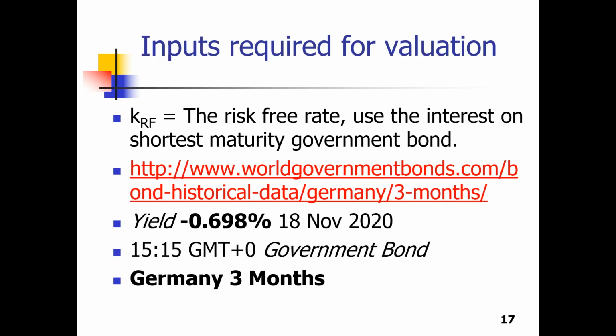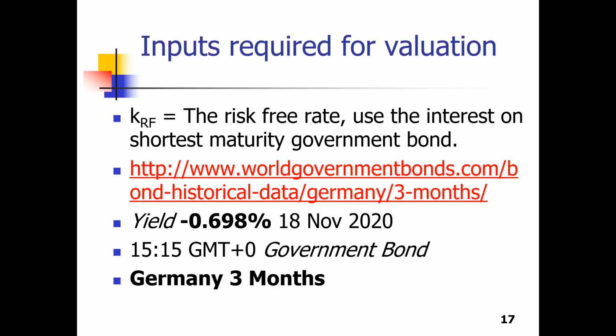Use the interest on the shortest maturity government bond. Basically, you've got to go on the internet and find this. Last time I did this was 4 years ago, and in 2002 this was actually negative. In Germany, we have negative interest rates, and that is interesting. So it's still good to stick with it.